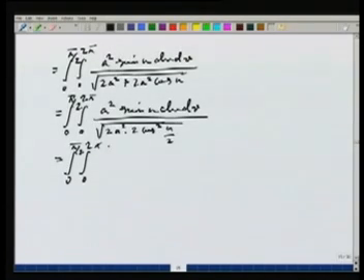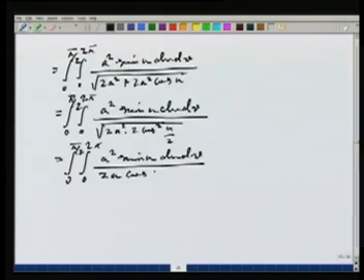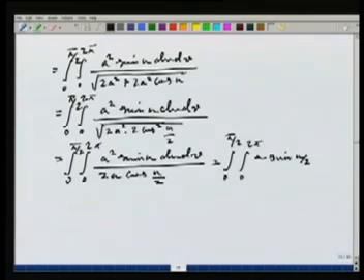What I get is a square sine u du dv divided by twice a cosine u by 2, that then is equal to 0 to pi by 2, 0 to 2 pi, a sine u by 2, because sine u I can write as twice sine u by 2 cosine u by 2. So cosine u by 2 cancels, 2 also cancels, 1 a cancels, I get du dv.